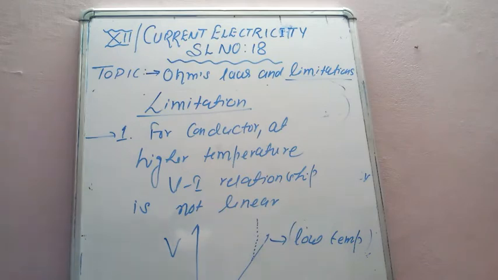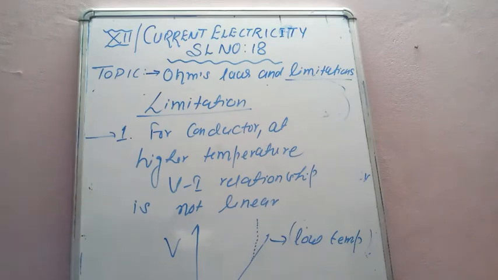So the conclusion is that for all temperatures, the conductors will not obey Ohm's law uniformly. There is a little deviation from the linearity of the graph. This is limitation number 1.